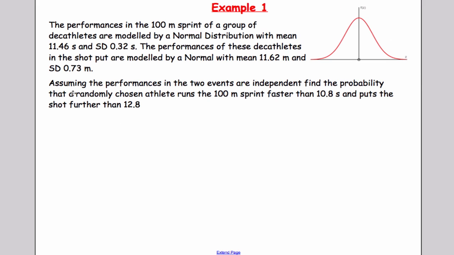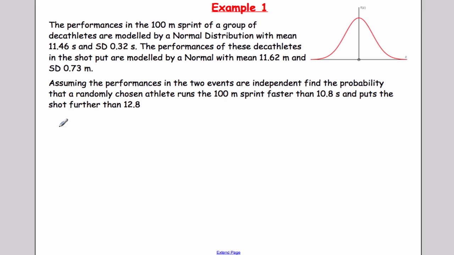Okay, so now it says that assuming the performances in the two events are independent, find the probability that a randomly chosen athlete runs the 100 meters sprint faster than 10.8 and puts the shot further than 12.8. So this is going to involve the first two parts of this question.